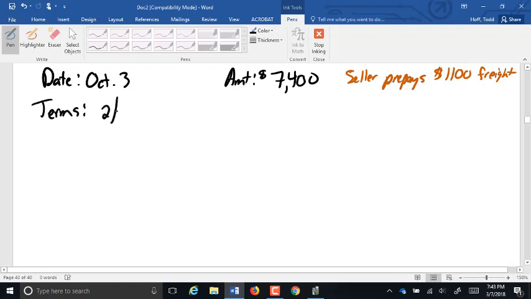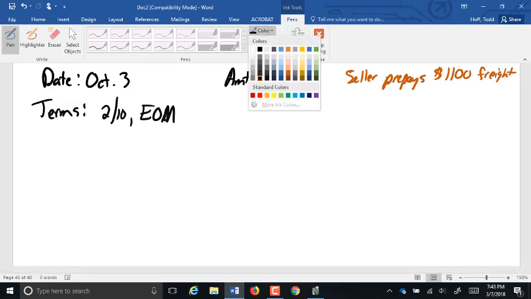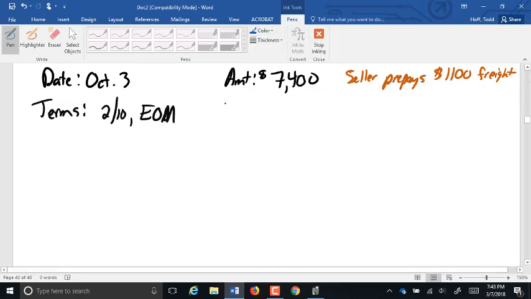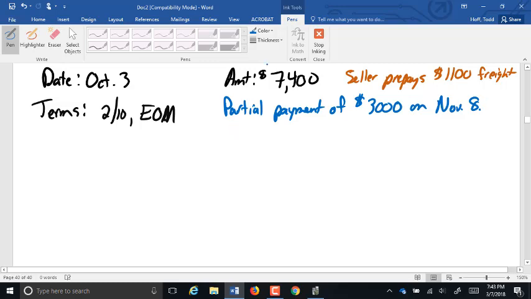Terms, 2/10 EOM. Partial payment of $3,000 on November 8th. Find the balance due.